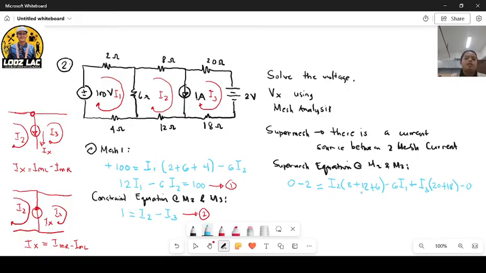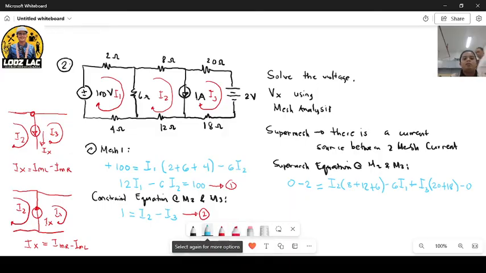So, if you notice, for this part, this is your mesh 2, and then this is your mesh 3. Same with voltage, mesh 2, then mesh 3. So, it is just like combining the two mesh. And after this one, you solve mathematically.